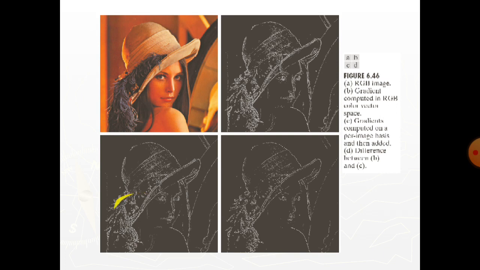This figure C shows the image obtained by computing the gradient of each RGB component image and forming the composite gradient image by adding the corresponding values of the three component images at each coordinate x, y.